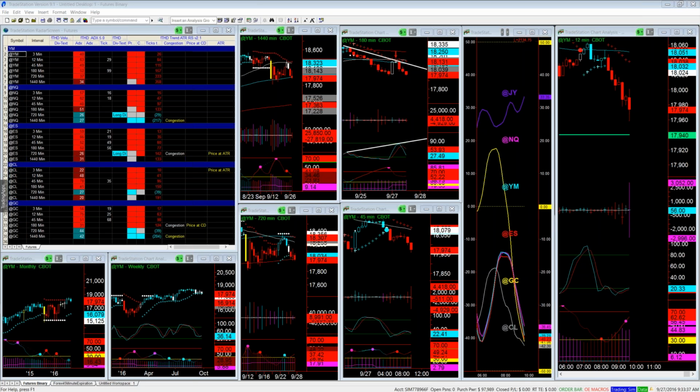We really want a setup that looks just like that 180, where you come back to the ATR and you have volume divergence and preferably hidden divergence on the stochastics. Right now you're just, as I said, in the middle of nowhere.